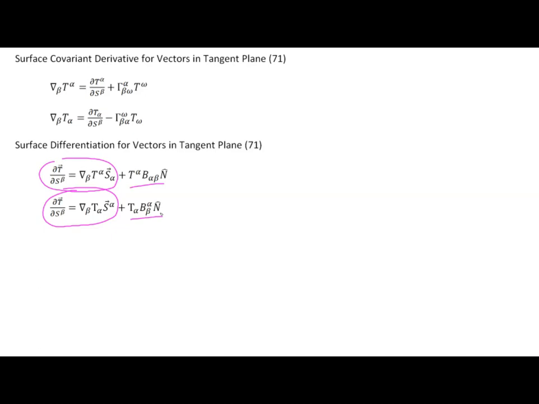So what this tells us is that although the vector itself lies in the tangent plane, the partial derivative, which will of course be a vector itself, does not necessarily lie in the tangent plane. We have not only a surface projection here, but we have a normal projection here. So the resulting vector of this operation may point in any direction and not just in the tangent plane.